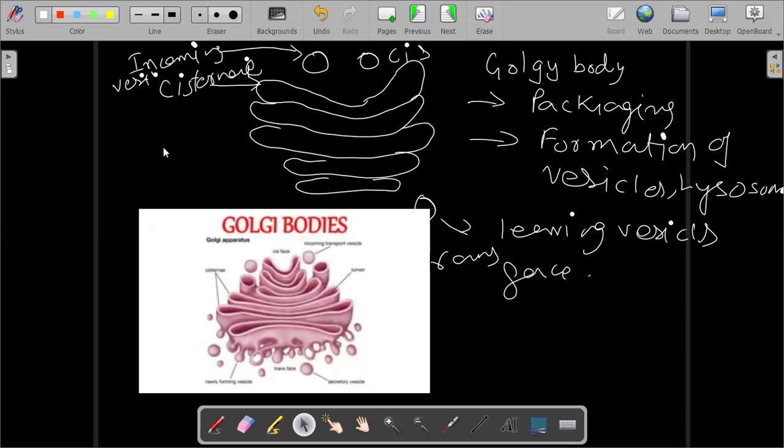Shall we move ahead? Yukta, have you drawn the diagram for the Golgi body? Yes, sir.